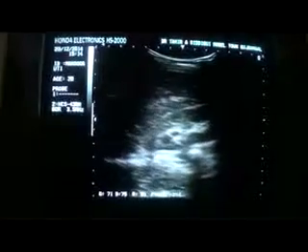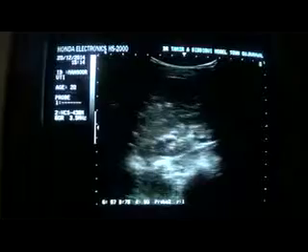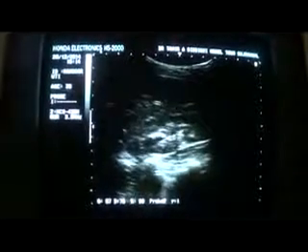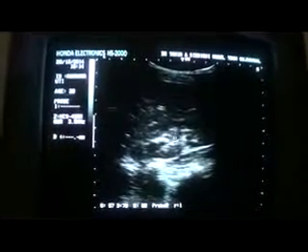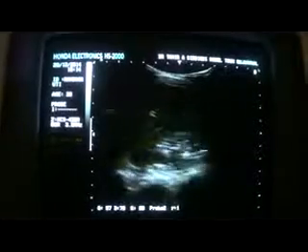The kidney shows mild hydronephrosis. You see all the calyces are dilated minimally.